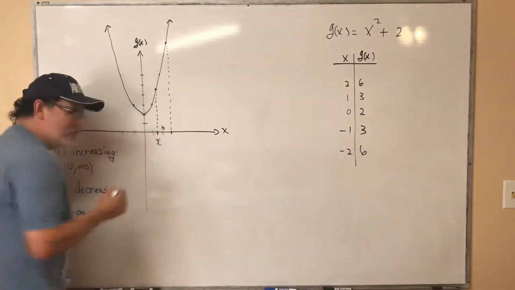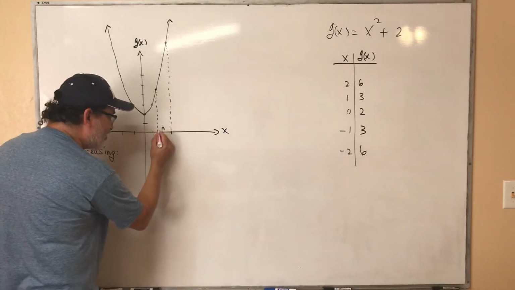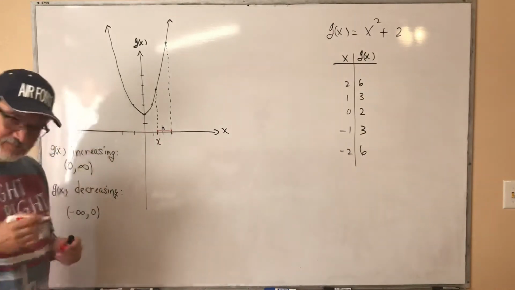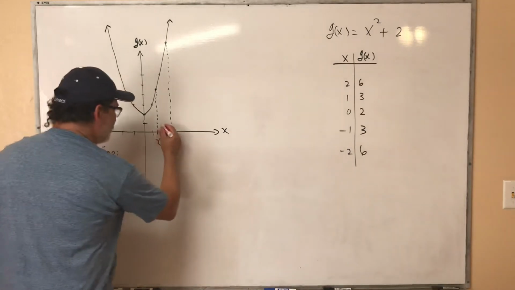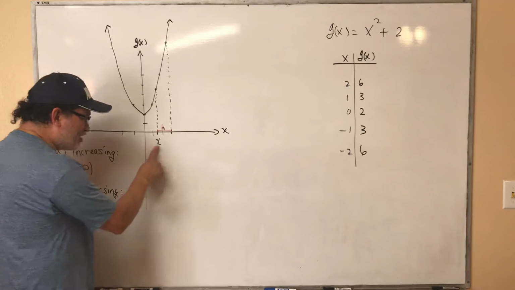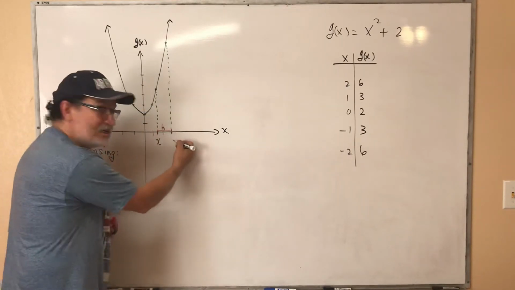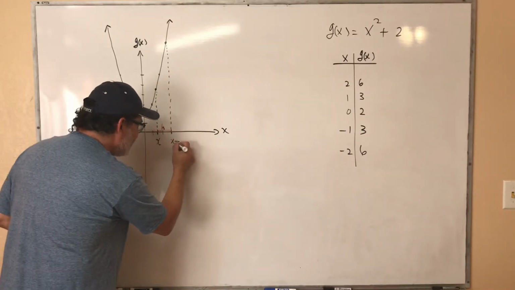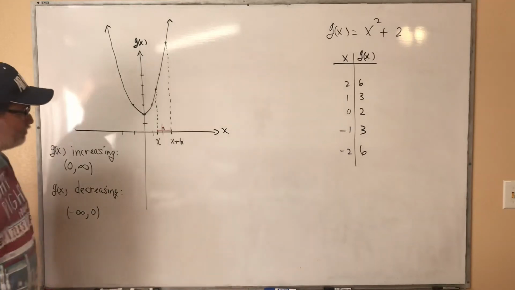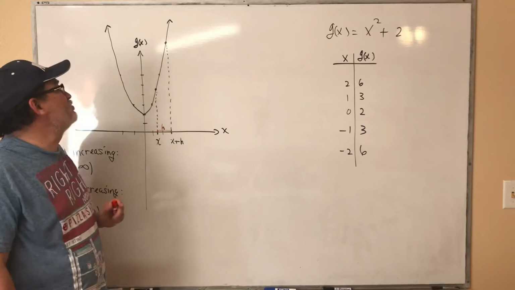The distance from this X value to this other X value is H. So if this is X, this must be X plus H.